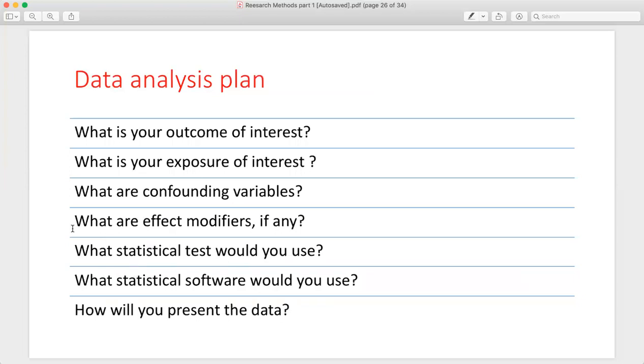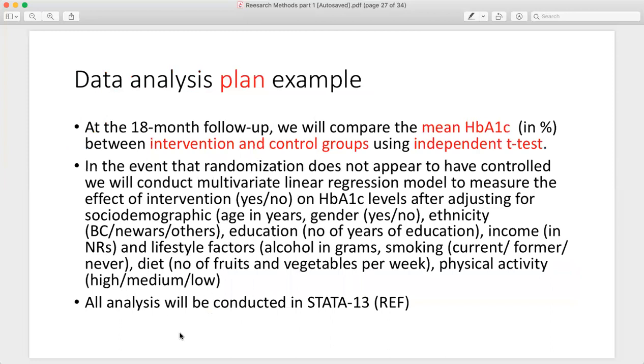For the data analysis plan, be clear about what is your outcome of interest, your dependent variables, your exposure of interest, independent variables, what are your other covariates, confounding variables, and if there are any effect modifiers, you have to list them there, what statistical test you will use, what statistical software you will use, and how you will present the data. So this is an example of a data analysis plan.